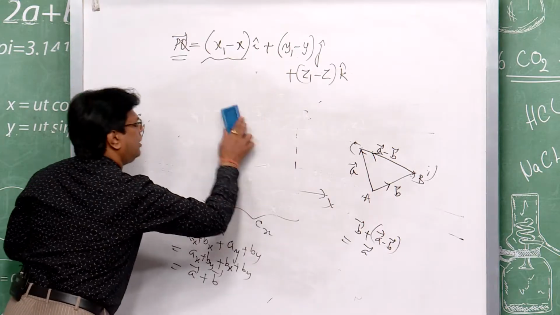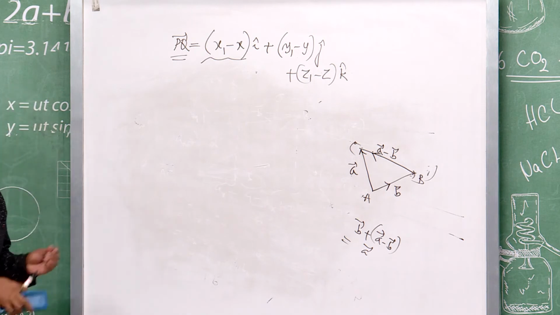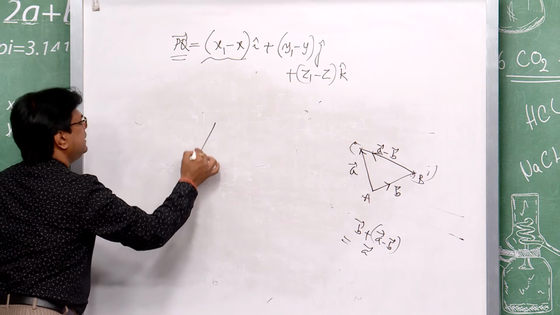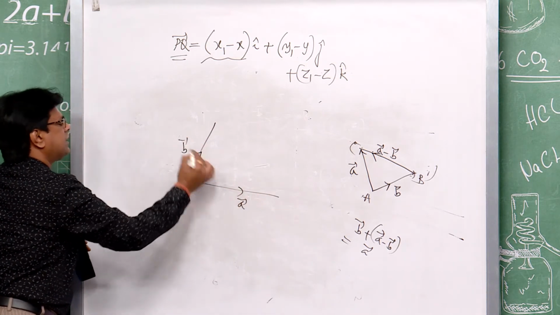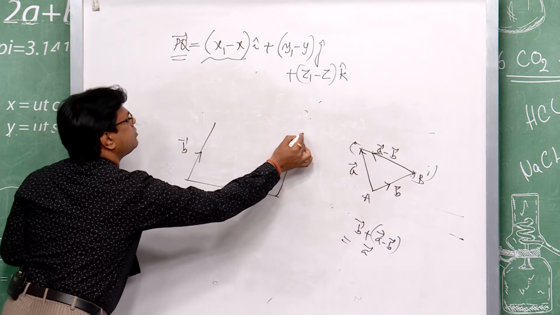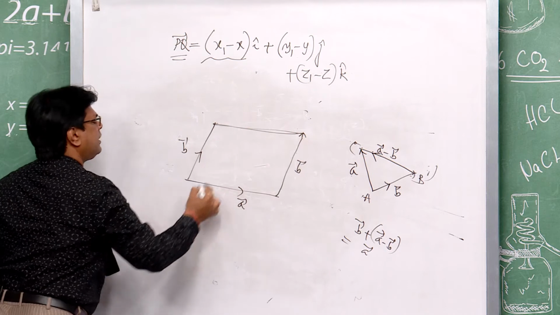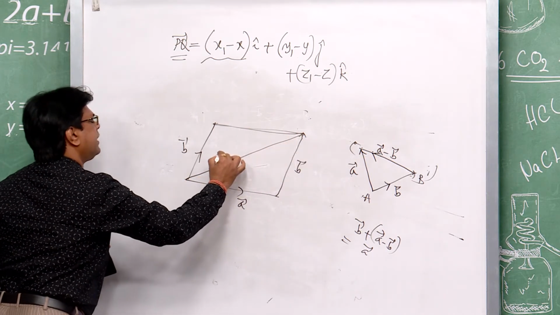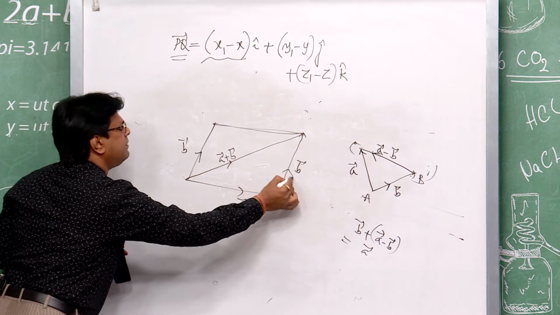We know this from physics. Suppose this is your A vector, this is your B vector. We can draw it in this way, forming a parallelogram. This is your resultant vector, A plus B.